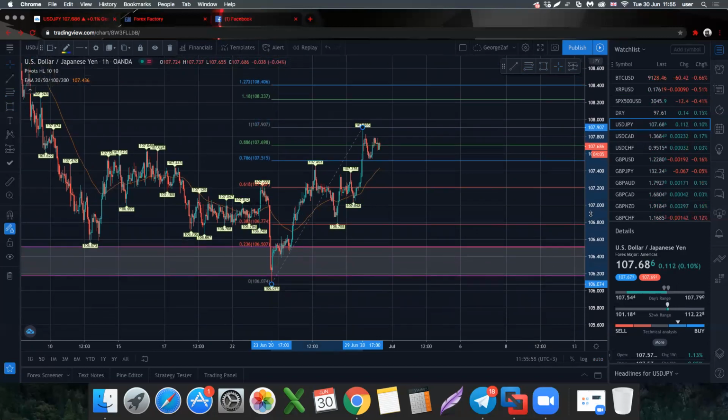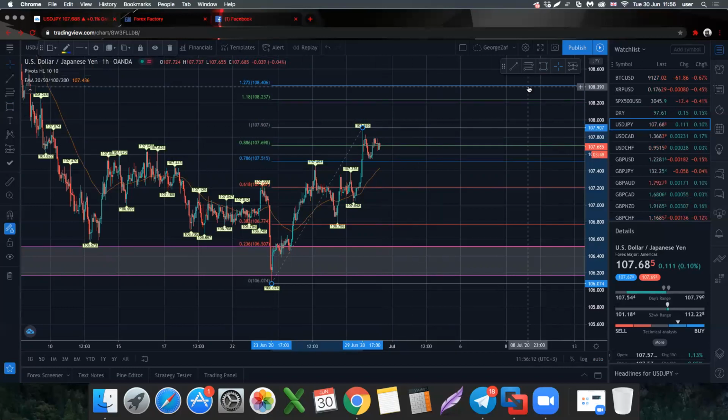What do we see here? At 100% it retraced back to the blue 78.6 level, went up, consolidating, and probably it will go up until the blue extension line.